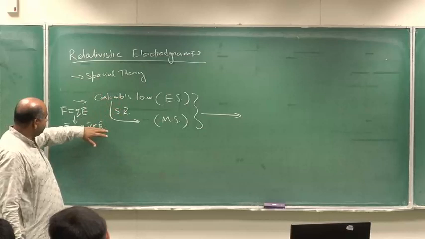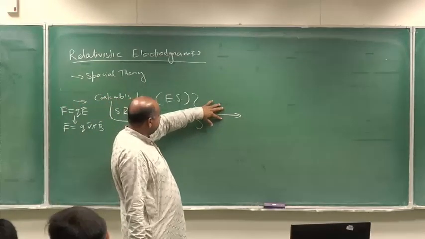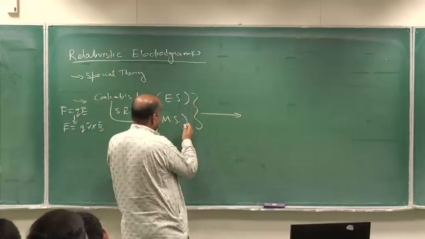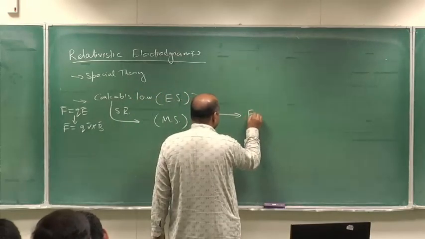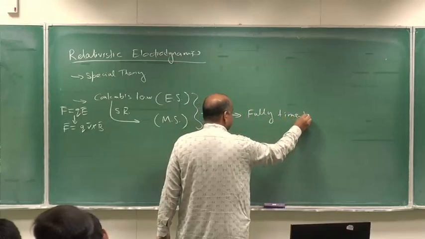So then using this transformation we will write in the magnetostatics. And then we will use the Lorentz transformation to go from this electrostatic and magnetostatics to fully time-dependent Maxwell equations.